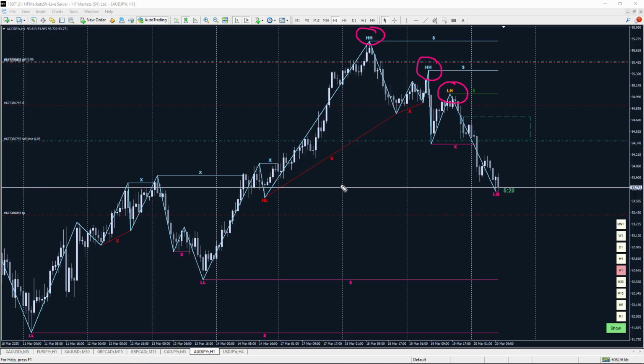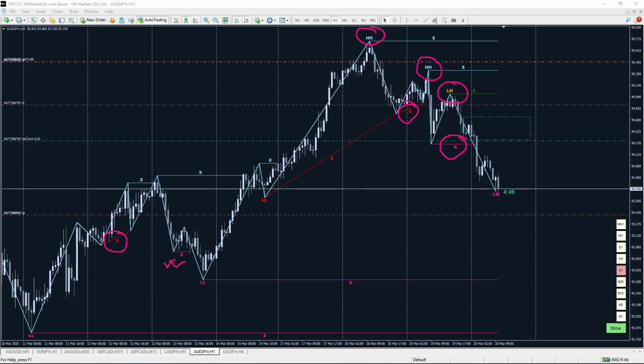That means it only shows the valid higher high, lower low, lower high, or higher low levels. It's not going to show you the invalid levels which are really not going to work for us, right? Now you can see that cross sign. That means the liquidity has already been swept here.